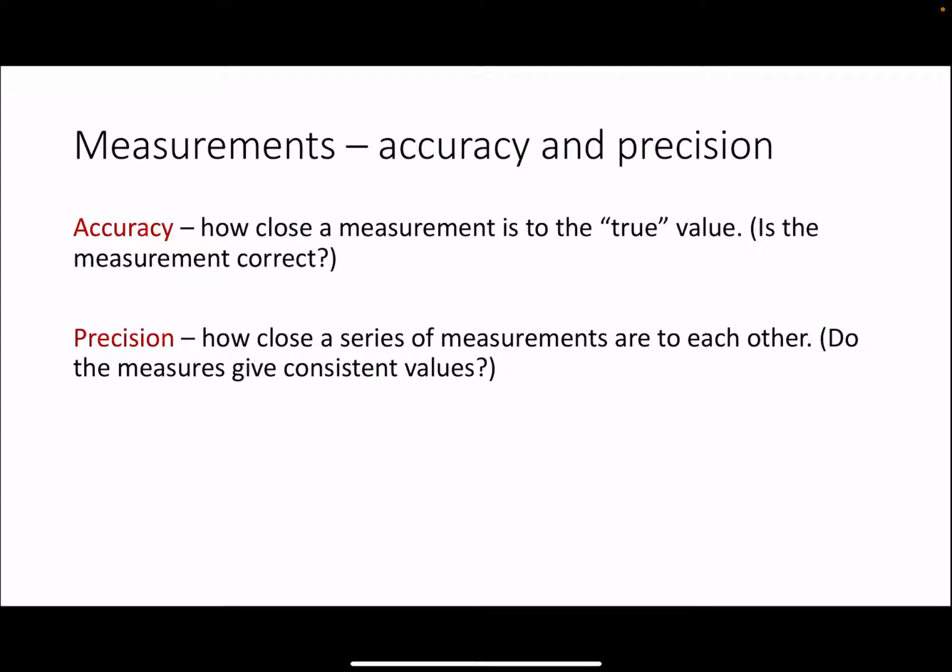So how good is our measurement? Do the measurements give you consistent values? Precision is related to, as we talked about in one of the previous videos, the uncertainty of a measurement. So it tells you how uncertain our measurement is, and we can statistically evaluate that.